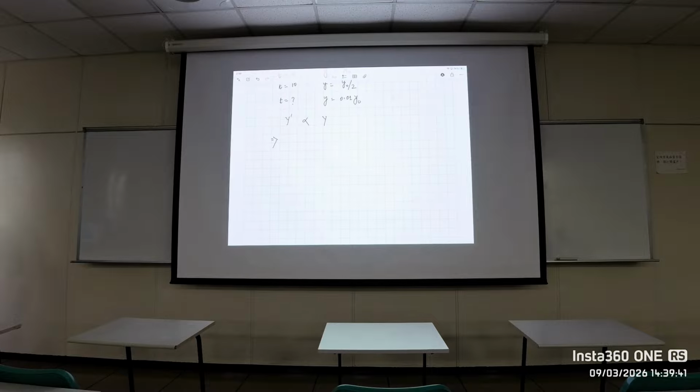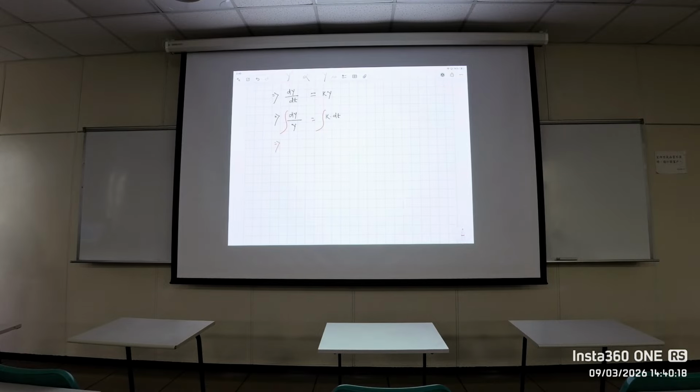That implies, it is making my job easy, dy by dt is proportional, or I can say some constant k times y, and that is making my job easier by applying the separable method. dy by y is equal to k dt, and here I am applying the integration.